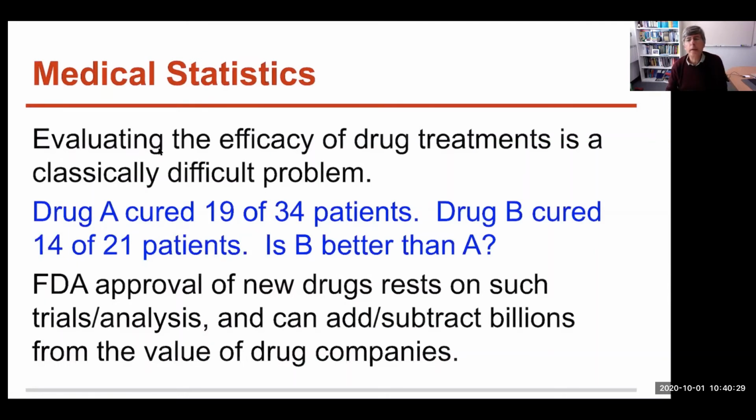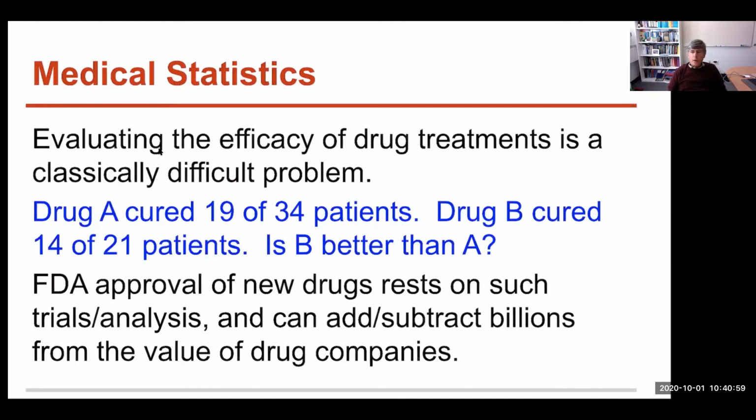This issue is, I think, most obvious these days because we're all living in a world where companies are racing to come up with a vaccine for COVID. They're trying to come up with drugs that will treat it better than some other drug. The world where statisticians really earn their money is in the medical analysis of drug testing.